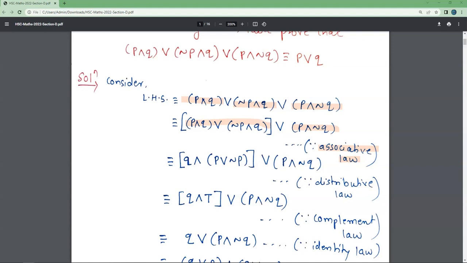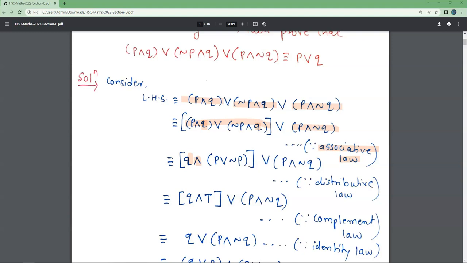Now, look here. This is P and Q or negation of P and Q. So Q and Q are the same here, and there is an and and there is an or. Now, this is where the distributive law works. You can take this Q as common, and this and will be distributed over or.